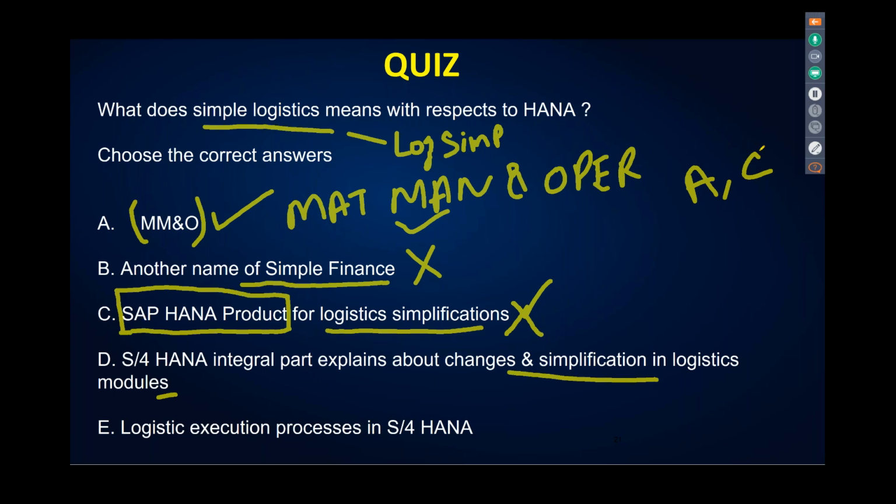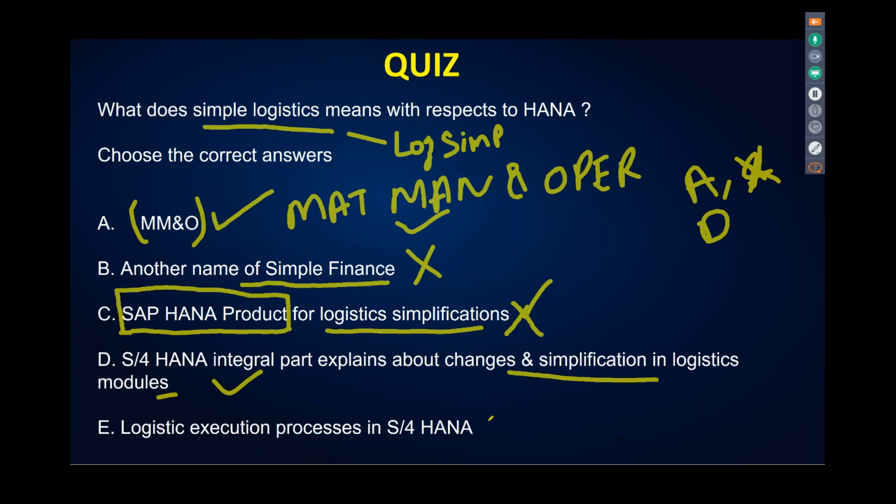Simple logistics is not a SAP HANA product. There is no product called simple logistics. So C is not a correct answer. S/4HANA integral part explaining the changes and simplification in logistics module, that's correct. D is the right option.